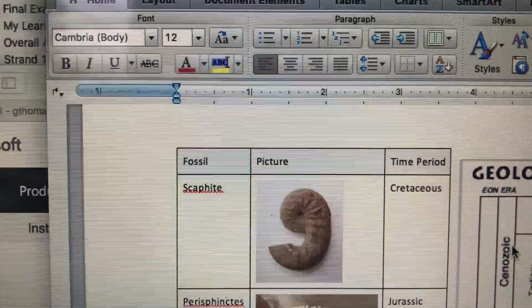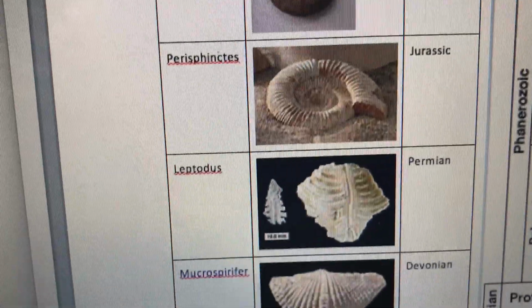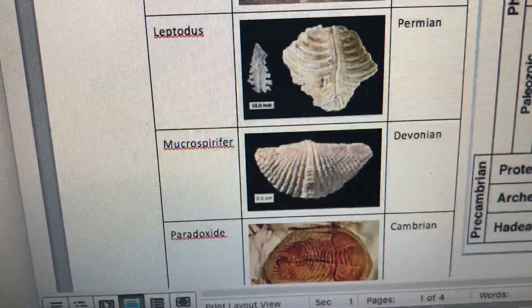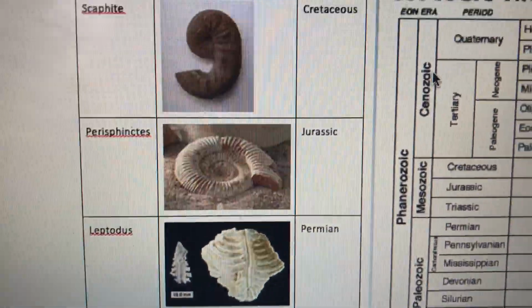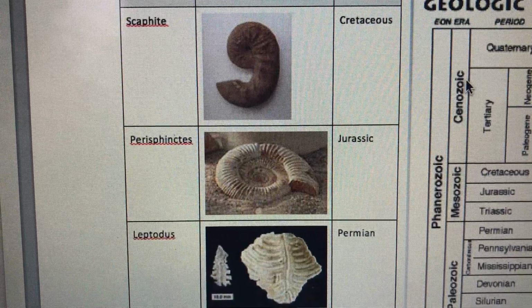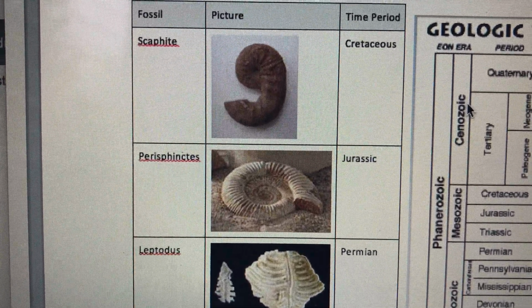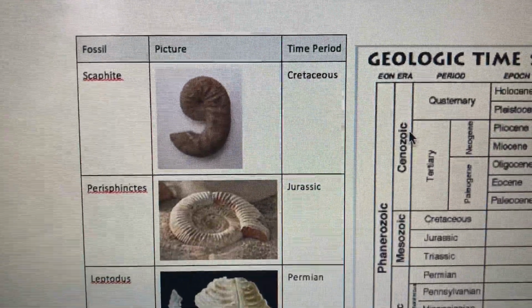It says fossil, and then picture, and then time period. So these are the fossils that are found only in these time periods. So the Parasphinctus, for example, is only found in the Jurassic time period.